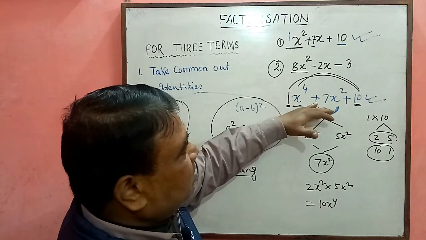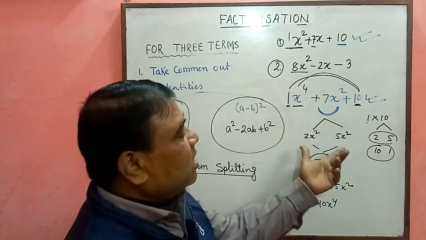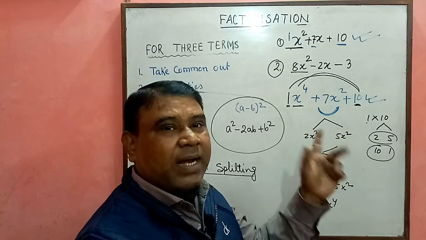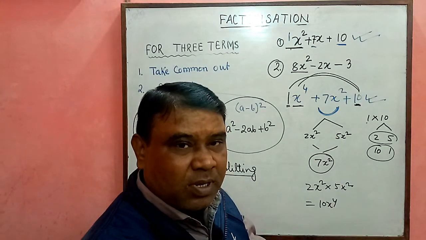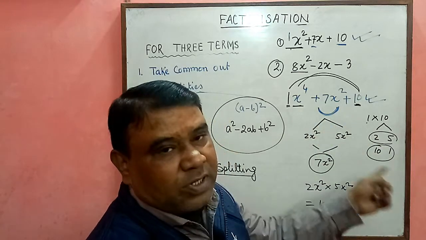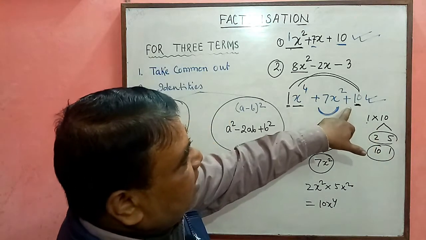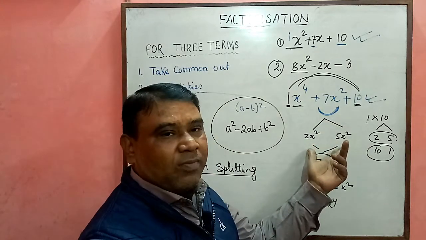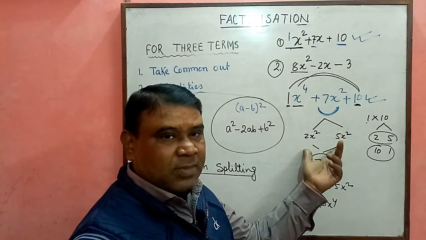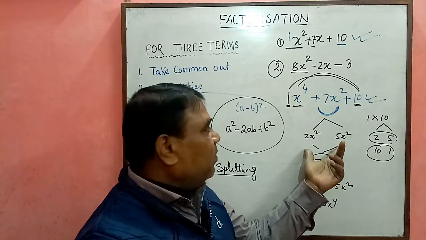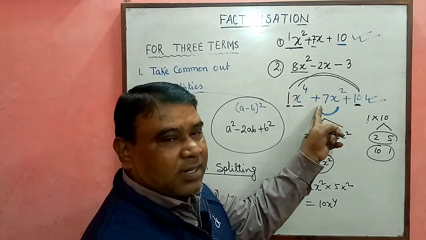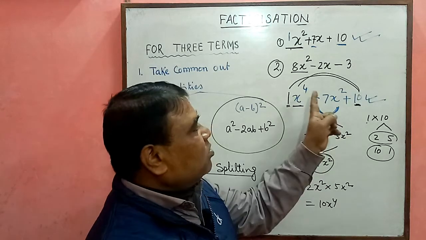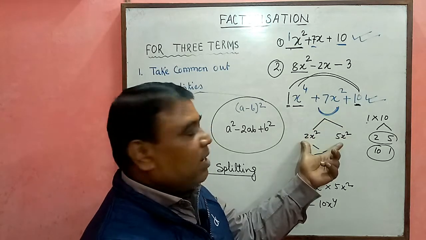If it is negative, both terms will be negative. How? Because negative into negative is also positive, and positive into positive is also positive. That means this positive sign indicates these two terms will be added together with sign. If the middle term is minus, then these two terms will be minus. If this is positive, these two terms will definitely be positive.